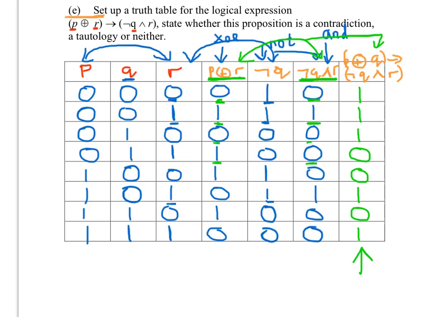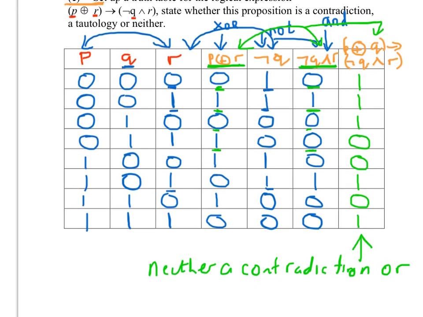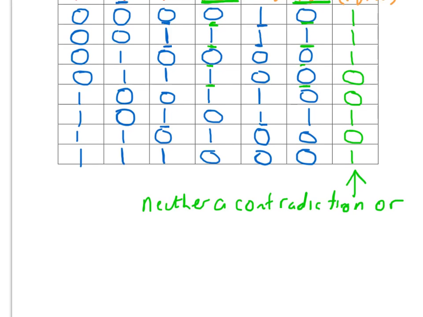It should be entirely true. And again, it's a combination of zeros and ones, so it's not a tautology. So the answer to this question is that this particular logical expression is neither a contradiction nor a tautology.